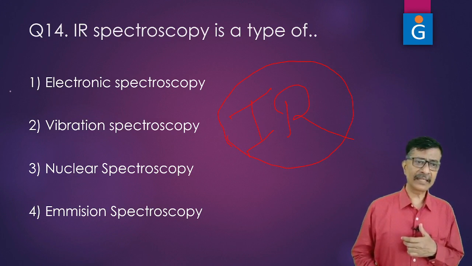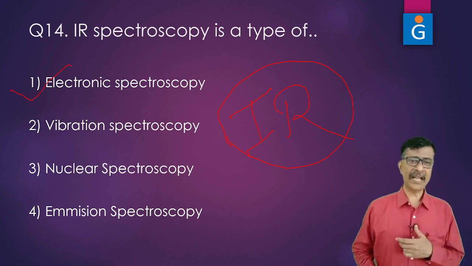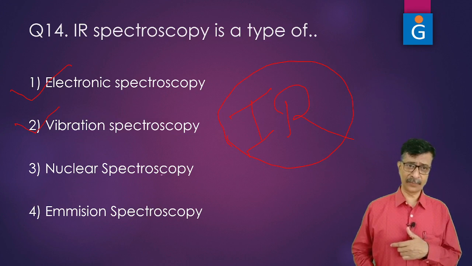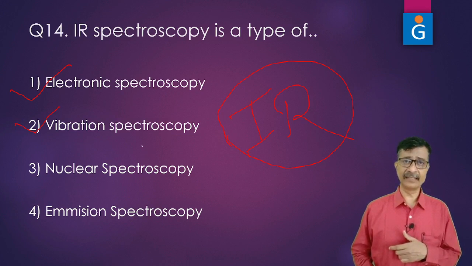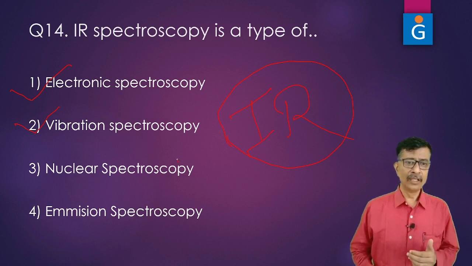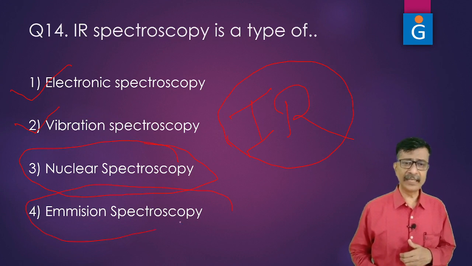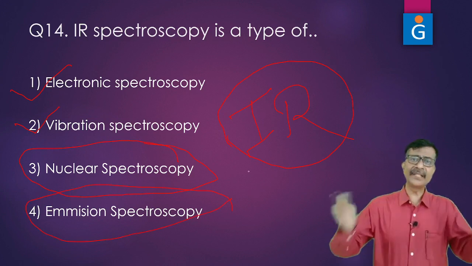For electronic transitions, the highest energy is required; comparatively less energy is required for vibrational changes in the molecule. In nuclear spectroscopy, there is a change in the nucleus of the atom, and in emission spectroscopy something is emitted after absorption.